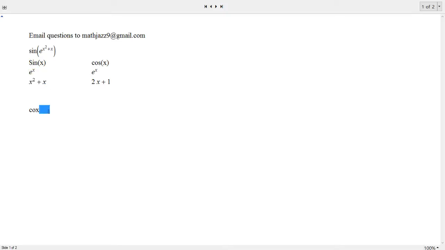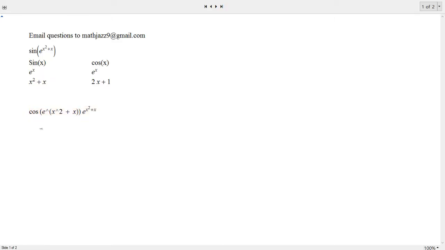So we get cosine of e raised to the x squared plus x, times, and we move to the next function in our list, e to the x, and we plug in x squared plus x. So we get e raised to the x squared plus x.